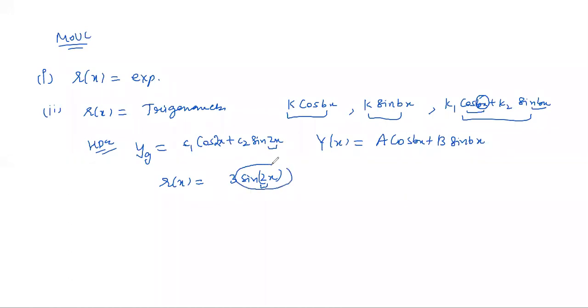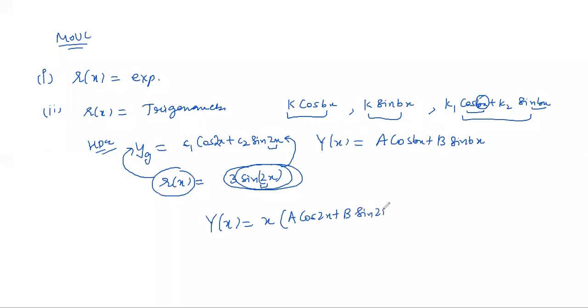So sine 2x is occurring explicitly as one of the terms in the general solution. That means Rx is obtainable from the general solution by giving arbitrary values to the constants. In that case, your choice of Yx will be x times a cos 2x plus b sine 2x, right?